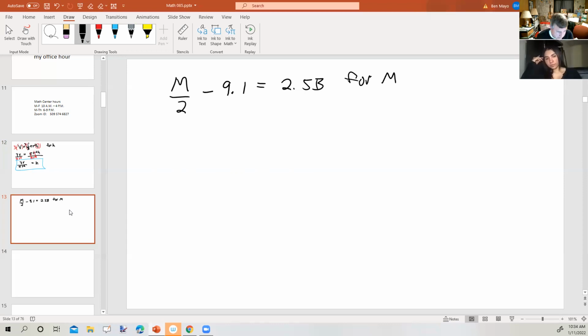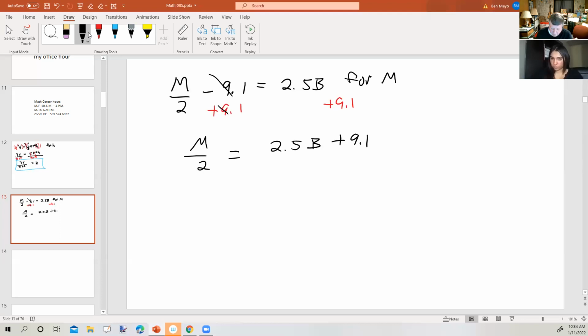So I'm going to add 9.1 to both sides of the equation. Then I get m over 2 equals 2.5b plus 9.1. Then I'm going to multiply both sides of the equation by 2. On the left side, the 2 over 2 reduces to 1 over 1, and 1 times m is m.